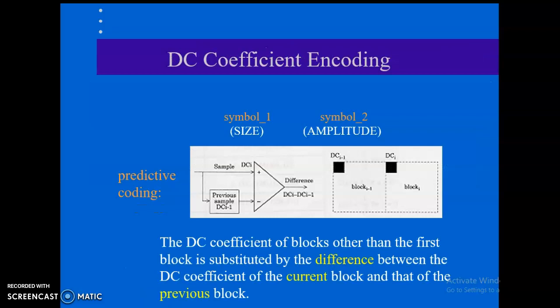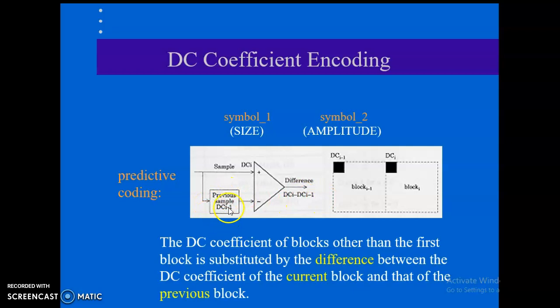DC coefficient encoding: symbol 1 is size, symbol 2 is amplitude, using predictive coding. The difference is the sample DC_i minus the previous sample DC_(i-1).